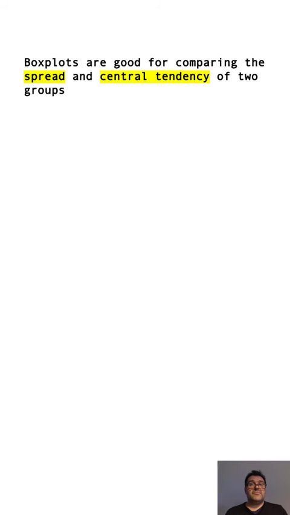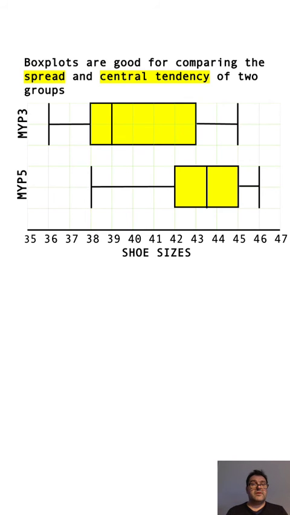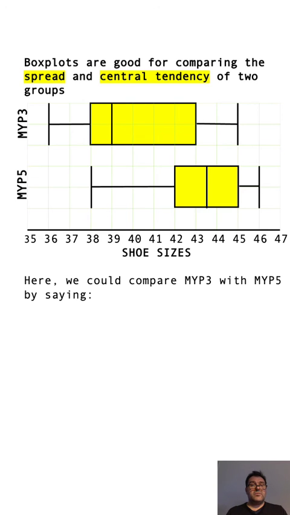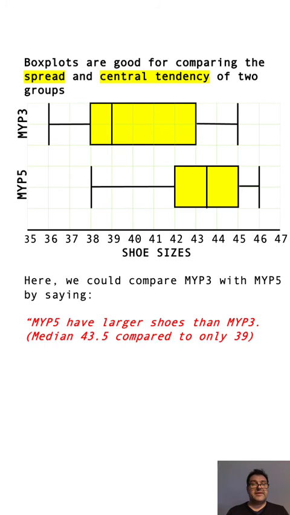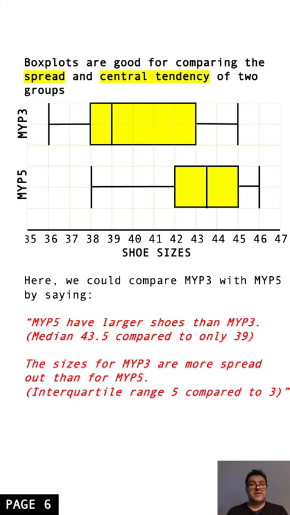So, as I just said, box plots are good for comparing the spread and central tendency of two groups with each other. There they are again. Here we could compare MYP3 with MYP5 by saying MYP5 have larger shoes than MYP3, a median of 43.5 compared to only 39.